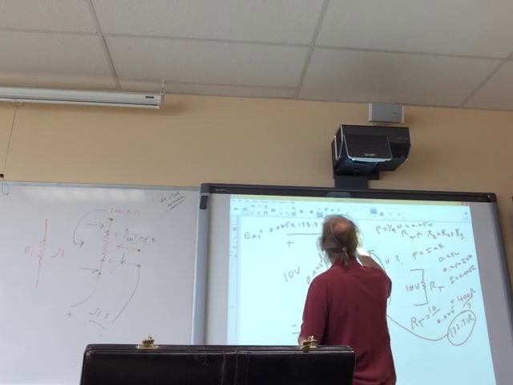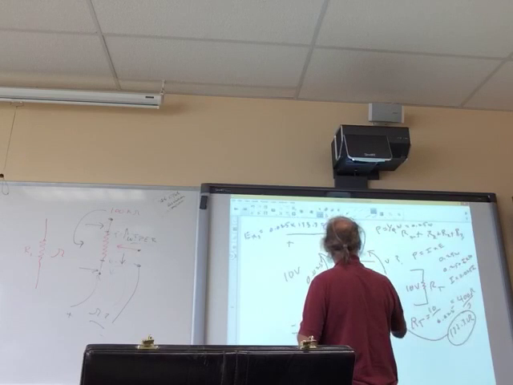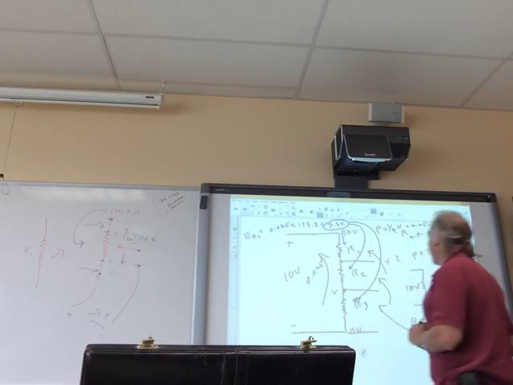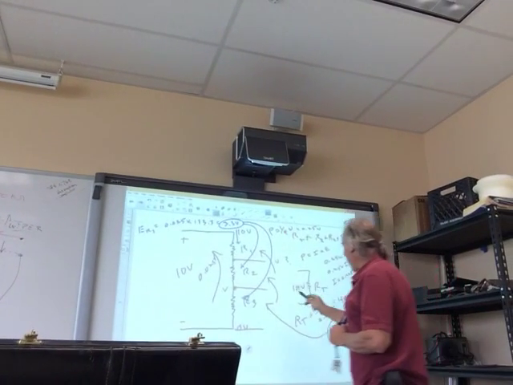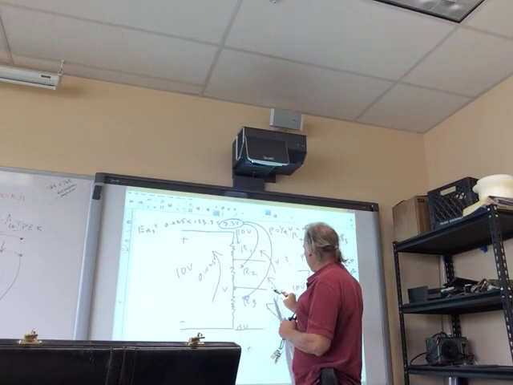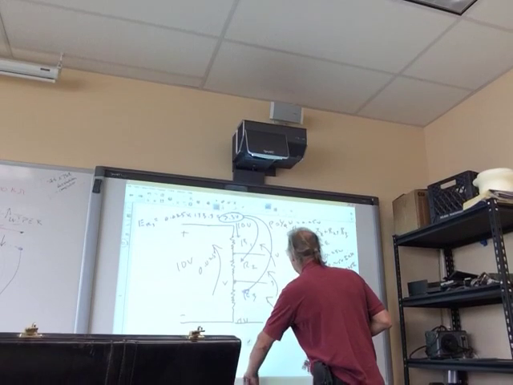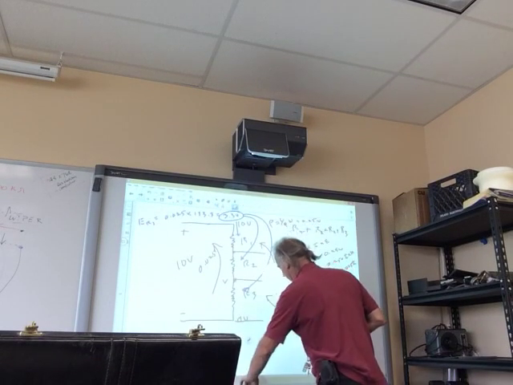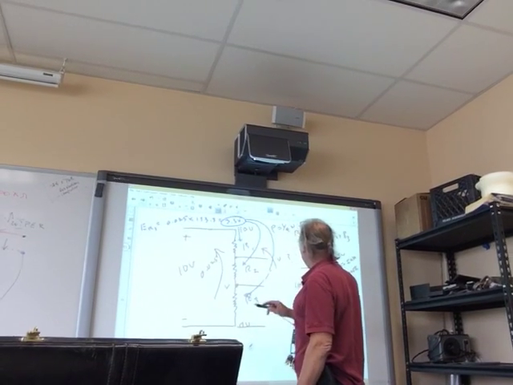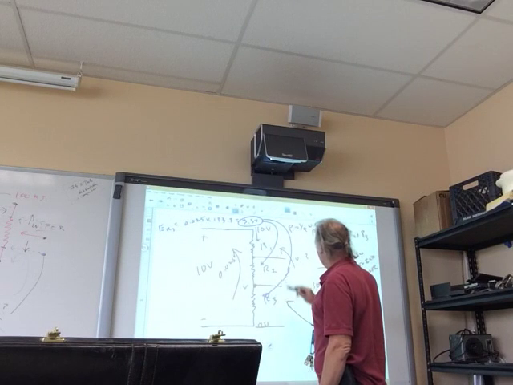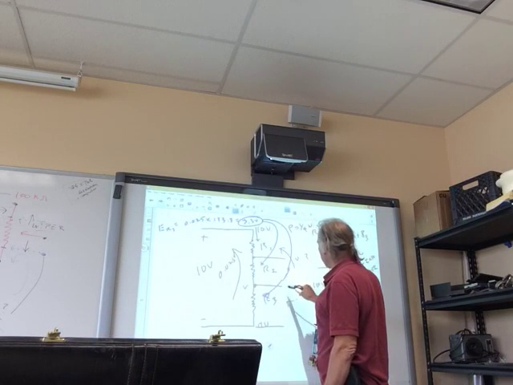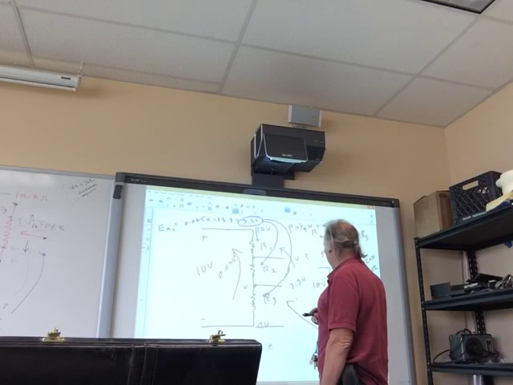And that's true for each of these. Now, we're rounding, so it's not going to be quite right. Okay, I know at this point right here my voltage is 3.3 volts.